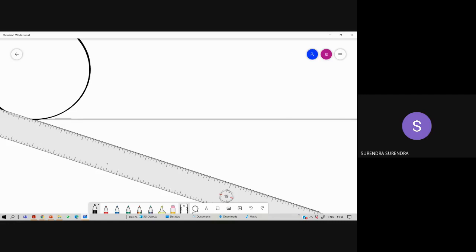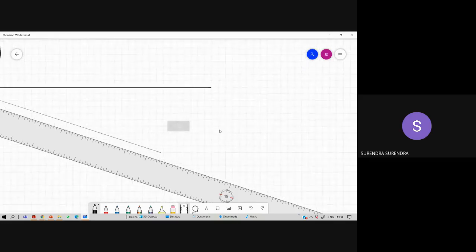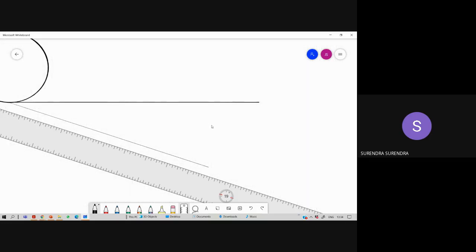Now, on this inclined line, mark a point at every 1 centimeter, the simplest method, instead of taking compass and marking arcs. As here our requirement is to complete the process, not to show the process.